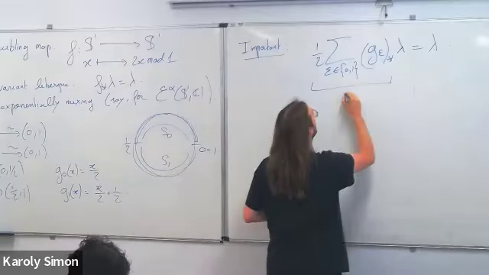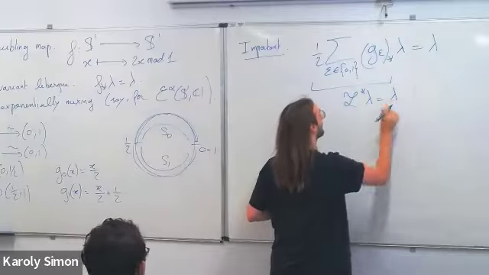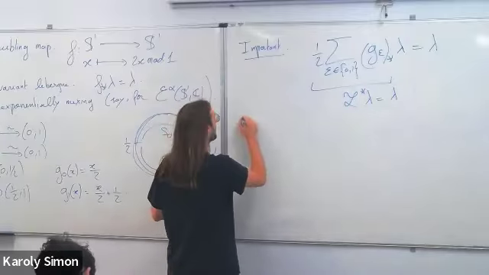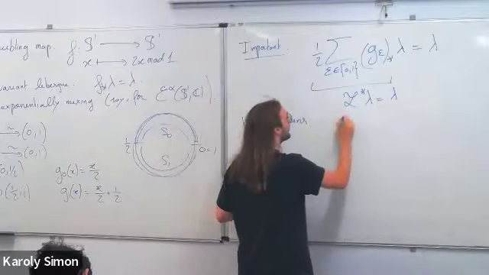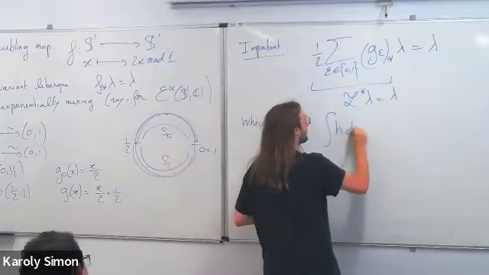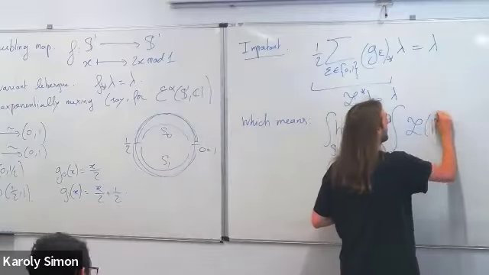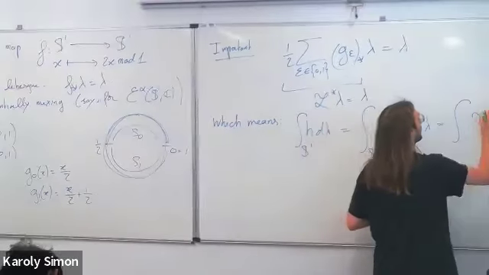Okay, so this I'm going to denote by the transfer operator like this, which means, as you know, that when you integrate with respect to the Lebesgue measure of the circle, you can make a transfer operator like that.